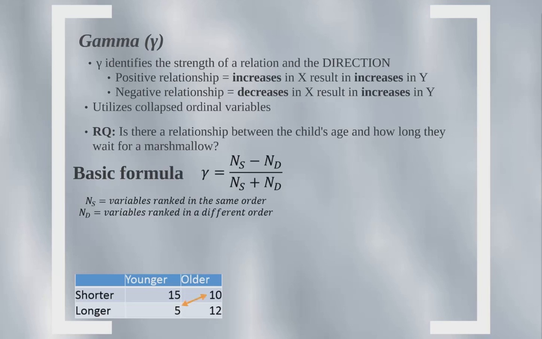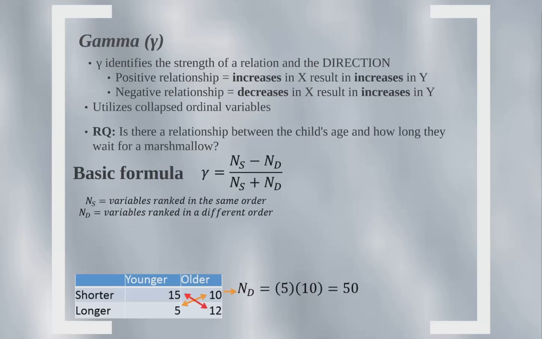Let's look at the calculation here. If we're calculating N sub D, or variables that are ranked in a different order, we're looking at the younger kids who waited longer, and relating that to the older kids who waited shorter, right? So they're in opposite directions: older and shorter, younger and longer. We plug in the 5 and the 10, and N sub D is just multiplying those two numbers.